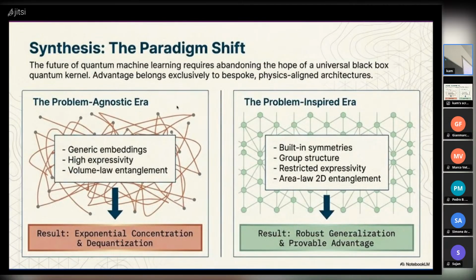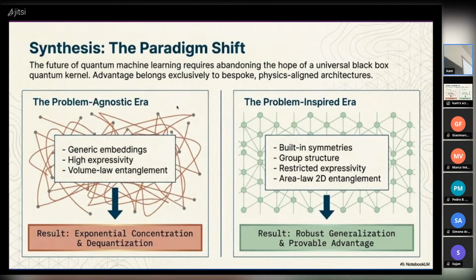For example, one thing that is known is that you cannot use one generic embedding for all problems, that is hopeless. Also, too complicated a quantum circuit is hopeless, and the following law of entanglement is also hopeless. Potentially, and this part is something people don't know, you might use the theory of symmetries, or group structure, to help.